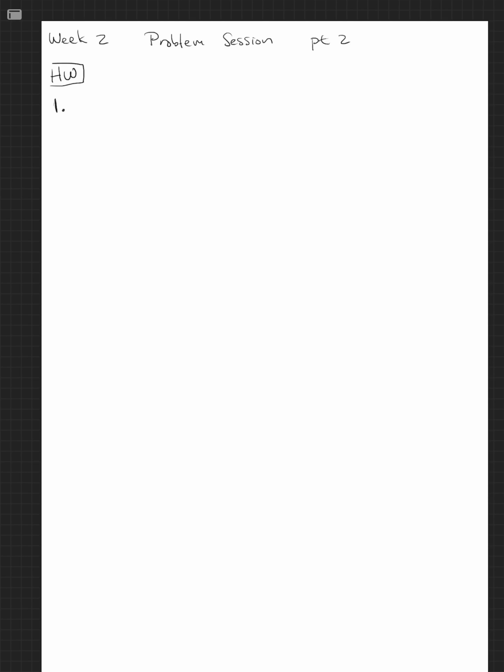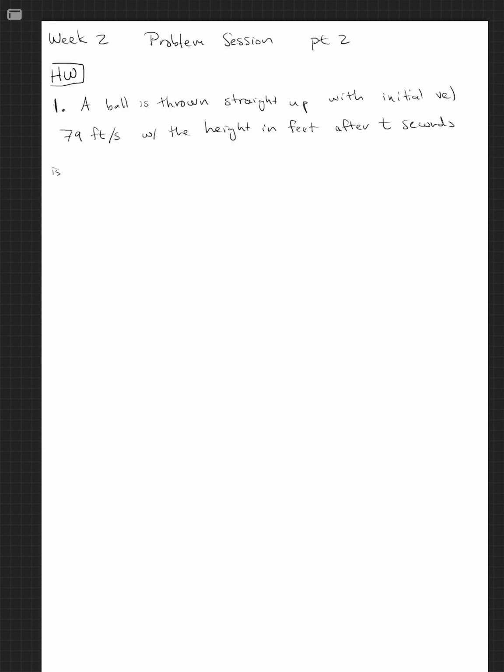So number 1 was asked about, and a ball is thrown straight up with initial velocity 79 feet per second, with the height in feet of the ball after t seconds given by y equals 79t minus 16t squared.